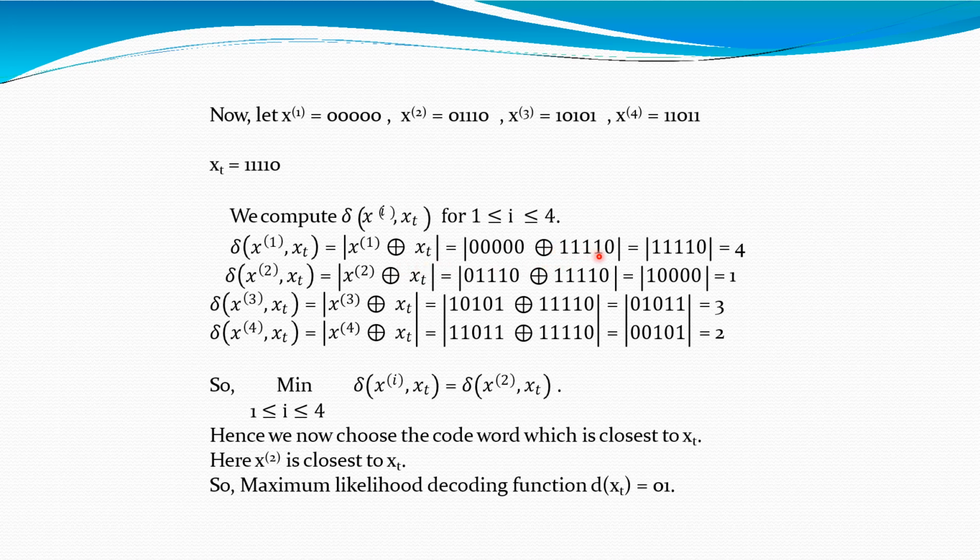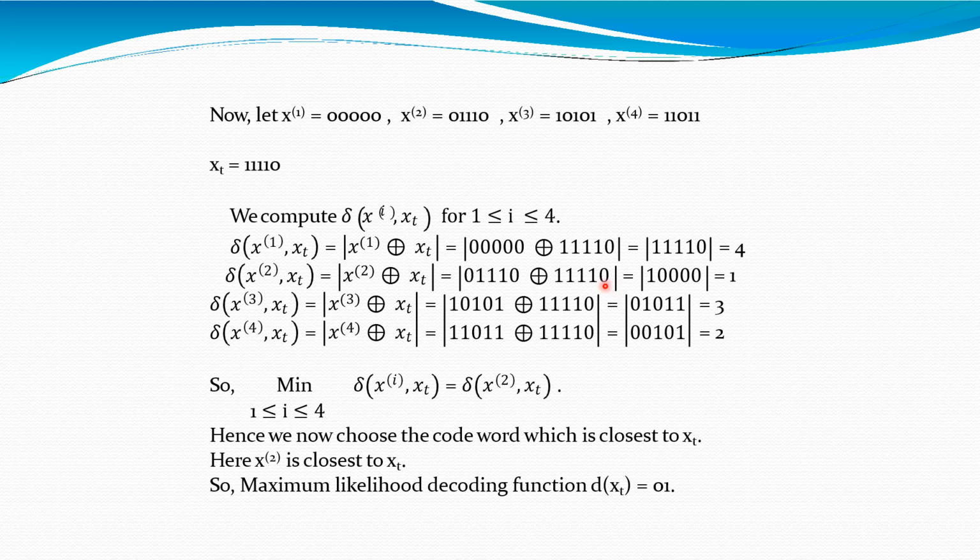So its weight is 4 as there are 4 ones. Similarly, distance between x2 and xt is equal to weight of x2 ring sum xt. So again adding them we get 10000. So it contains only one 1. So it is 1. So in this way, after calculating all the distances, see what is the minimum distance.